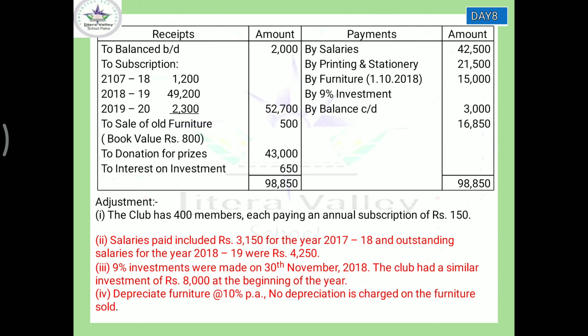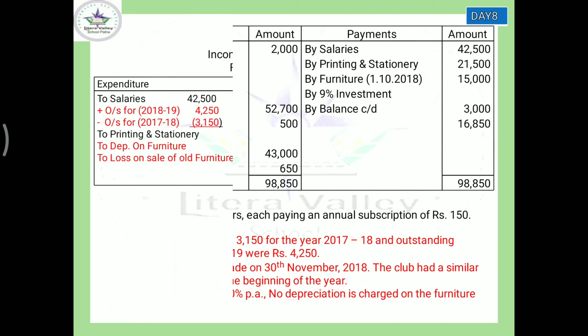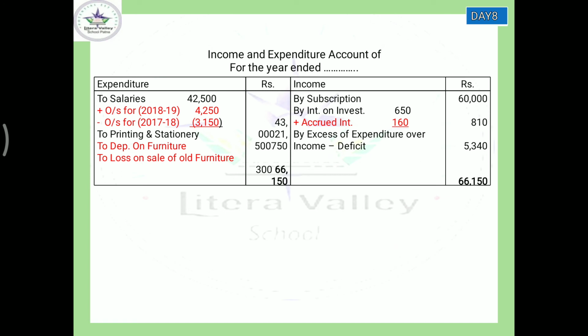Salary 42,500. You have added the outstanding for the current year, 4,250, and you have deducted 3,150. So total salary is 43,000.